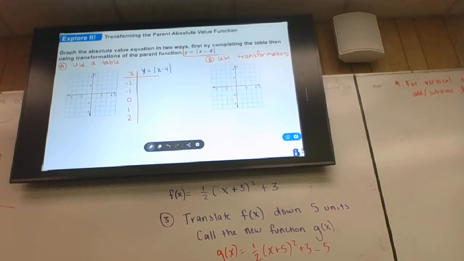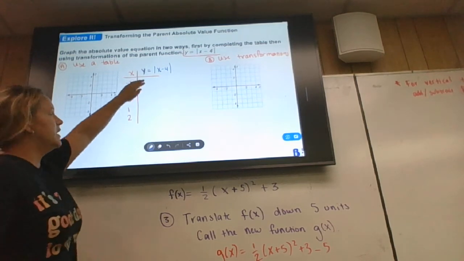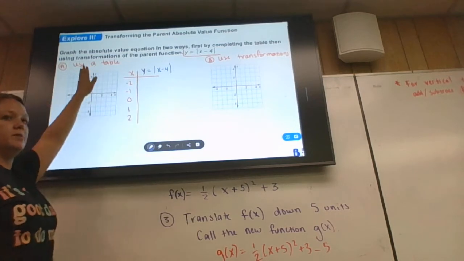So I'm going to give you guys some time to fill out this table and plot the points. I'll show you what I mean. You're replacing x with these values and you're getting an ordered pair. You plot those points.